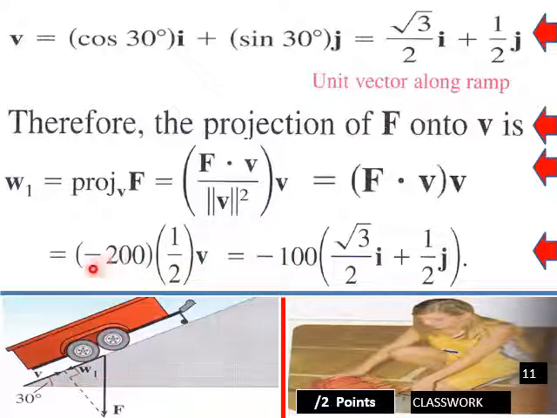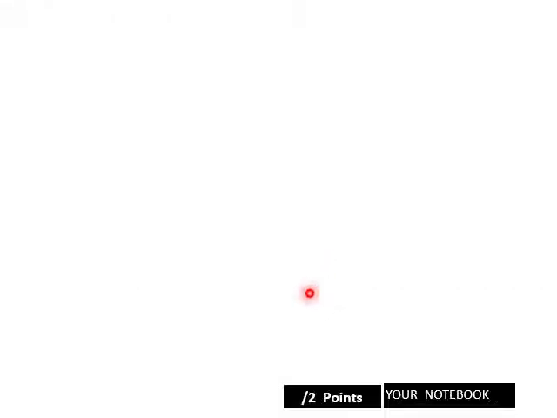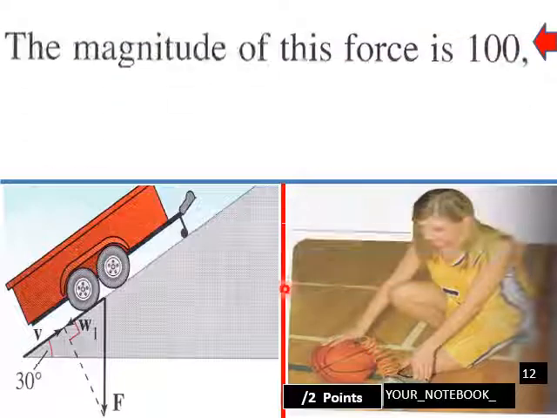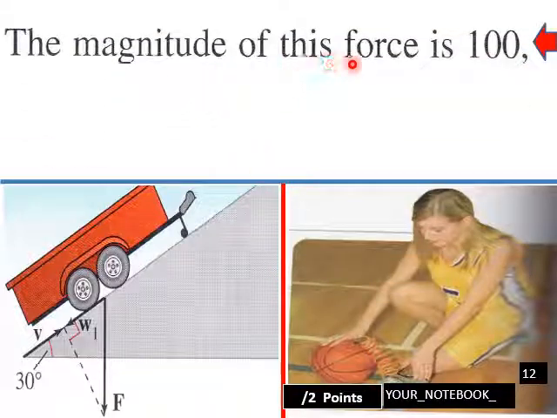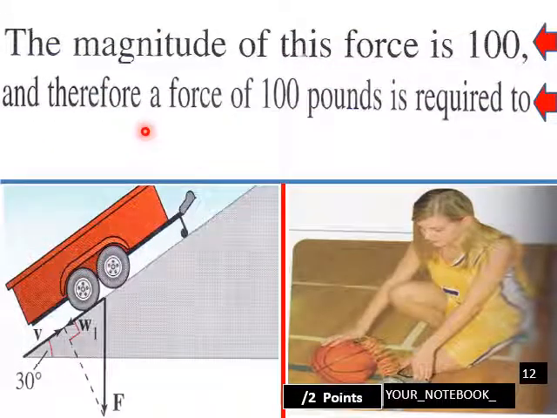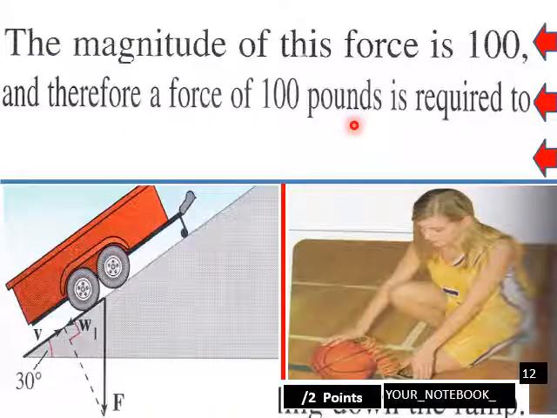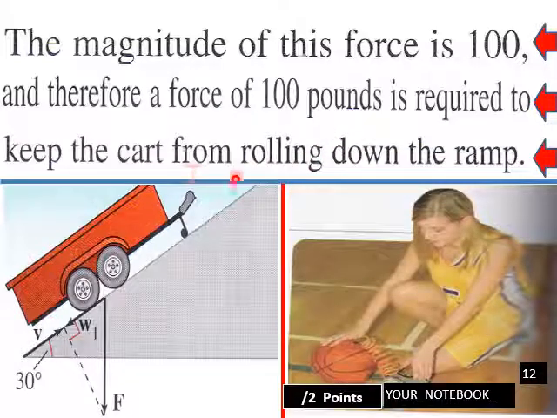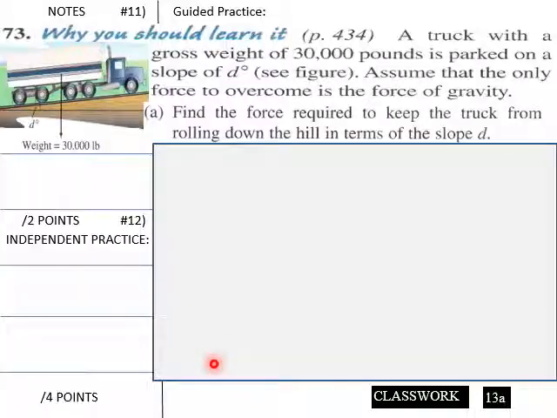So we have negative 200 multiplied by 1/2 V, and this would come out to negative 100 multiplying these quantities. The magnitude of this force is 100, and therefore a force of 100 pounds is required to keep the cart from rolling down the ramp. So we can find the negative force here to stop the cart from rolling down the ramp.